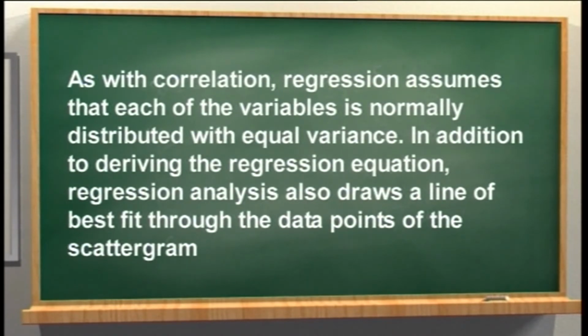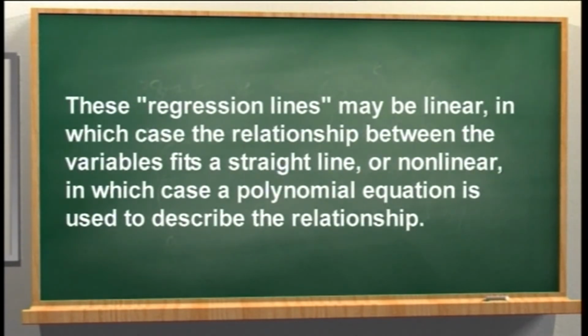In addition to deriving the regression equation, regression analysis also draws a line of best fit through the data points of the scattergram. These regression lines may be linear, in which case the relationship between the variables fits a straight line, or non-linear, in which case a polynomial equation is used to describe the relationship.